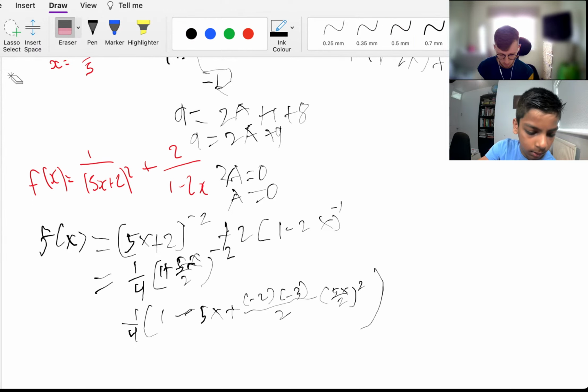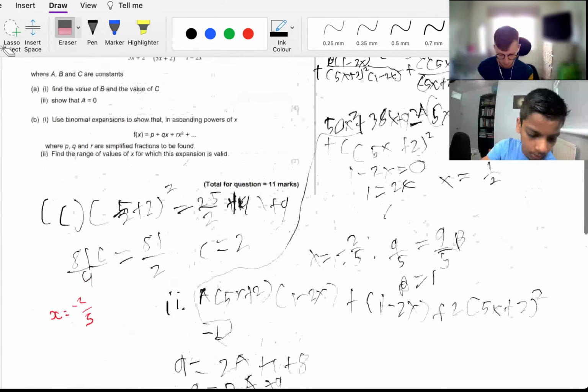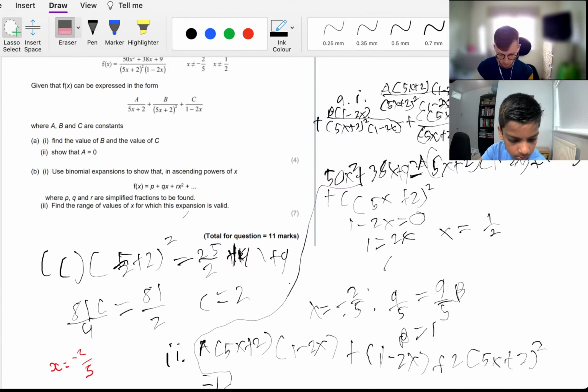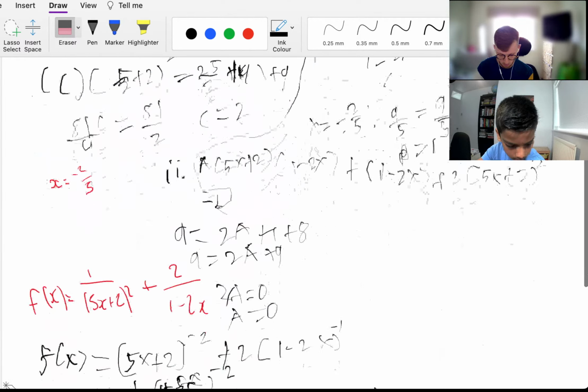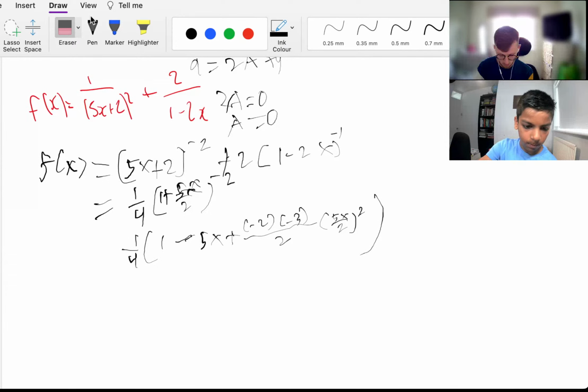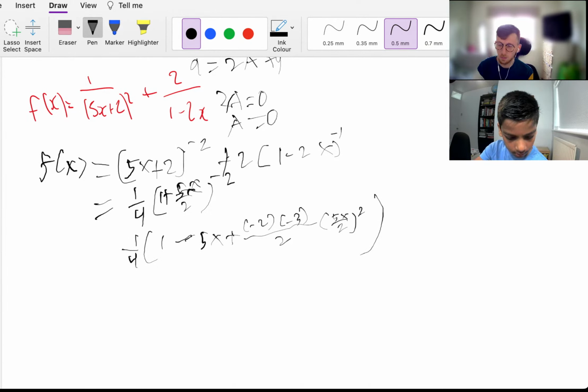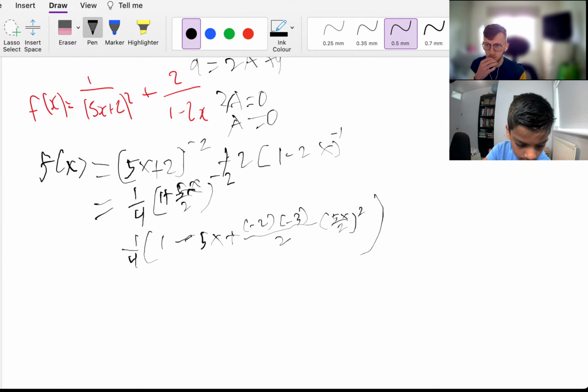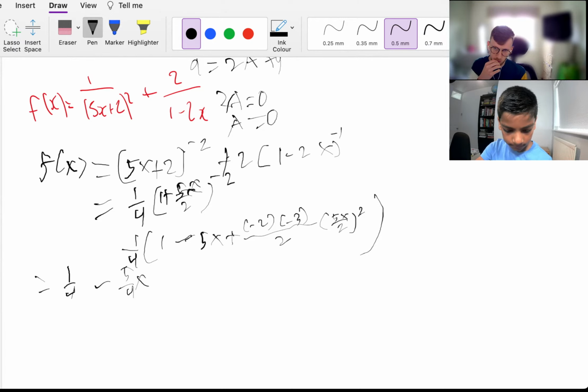Right, and you need to expand it. Okay, so then it's that, which is a quarter minus 5 over 4x. Good.